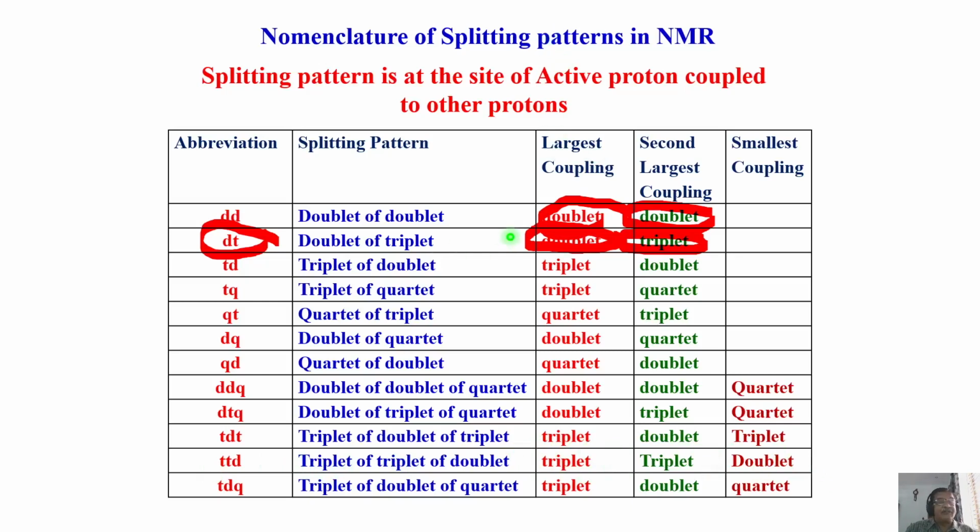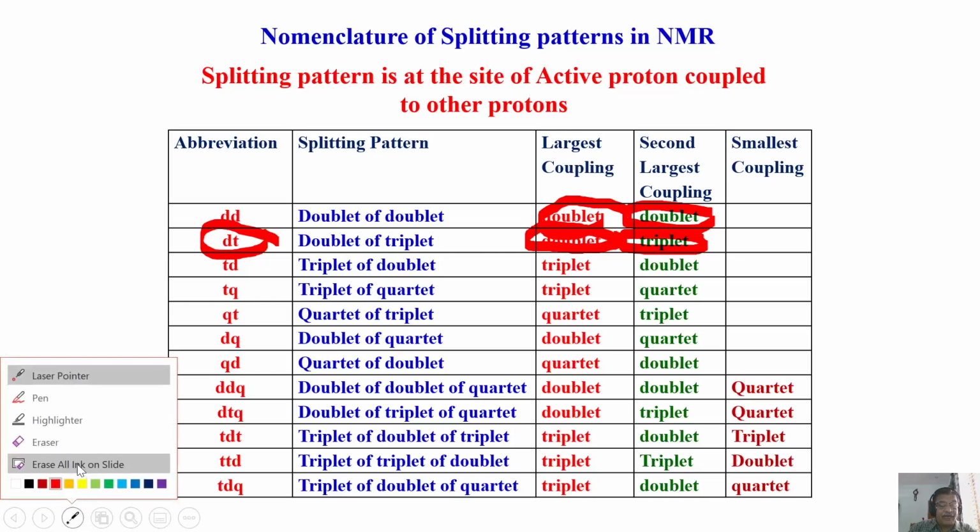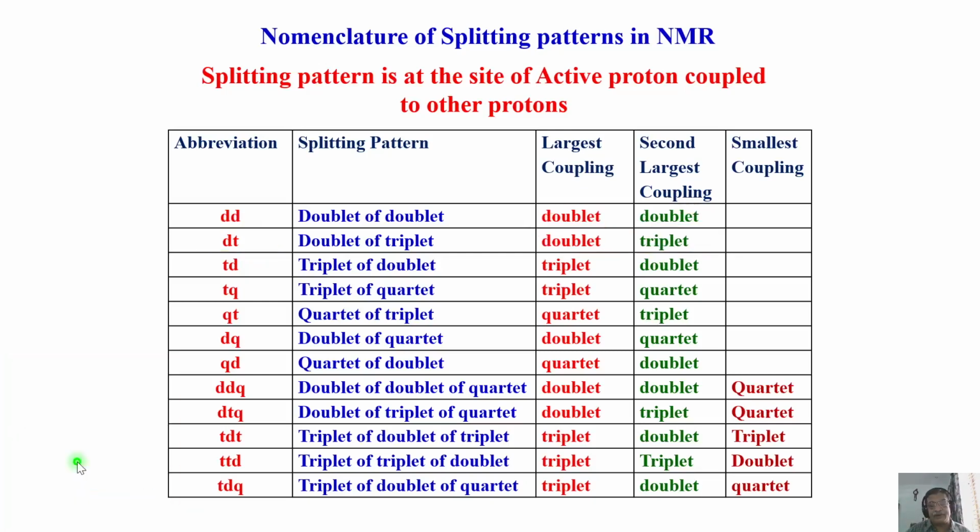So depending upon first largest coupling, second largest coupling, and like that in decreasing order, depending on that, you name your multiplicity like TD, TQT, TQ, QD, quartet of doublet of quartet, TDQ, triplet of doublet of quartet, like that. So this table tells you how we have to do the nomenclature of varieties of multiplicity patterns.